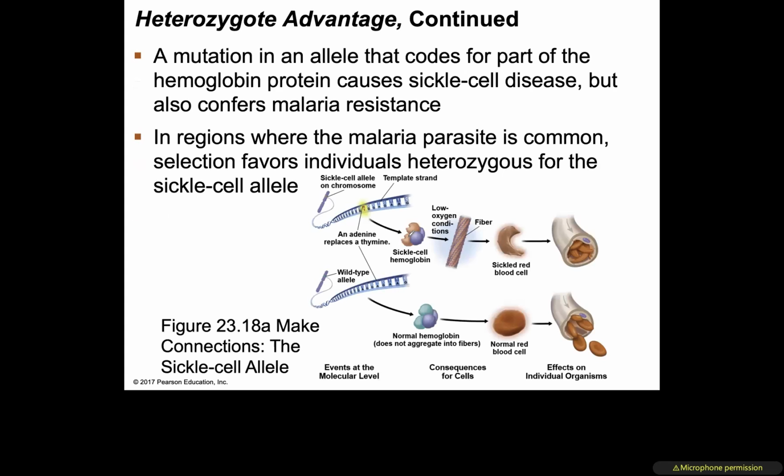A perfect example, something you've seen in Bio 111, is sickle cell disease. Sickle cell disease results when you have two sickle cell alleles, which are recessive alleles. Sickle cell comes from a mutation, and there are great numbers of these mutations in individuals of African American descent.